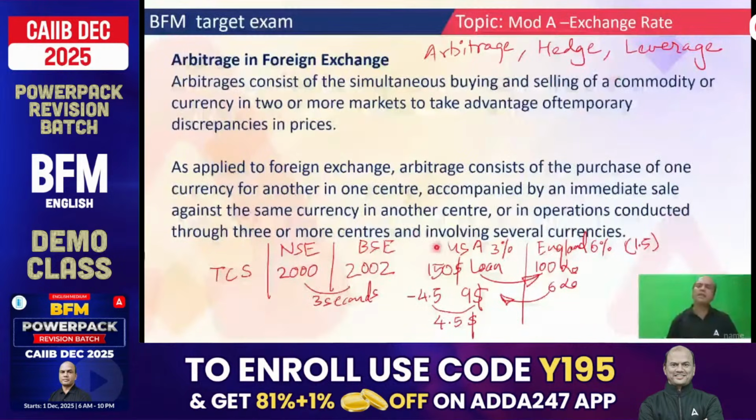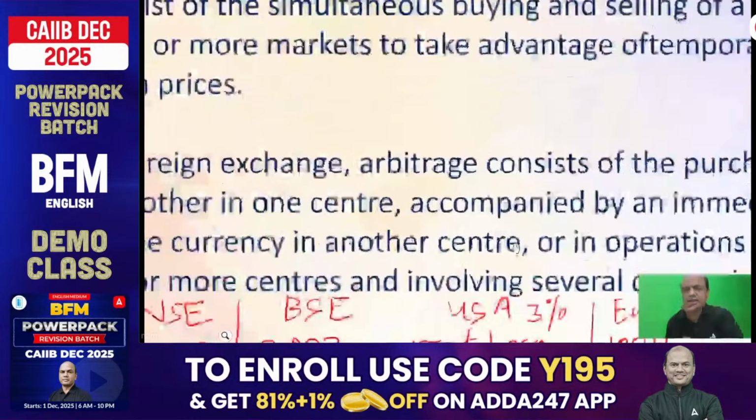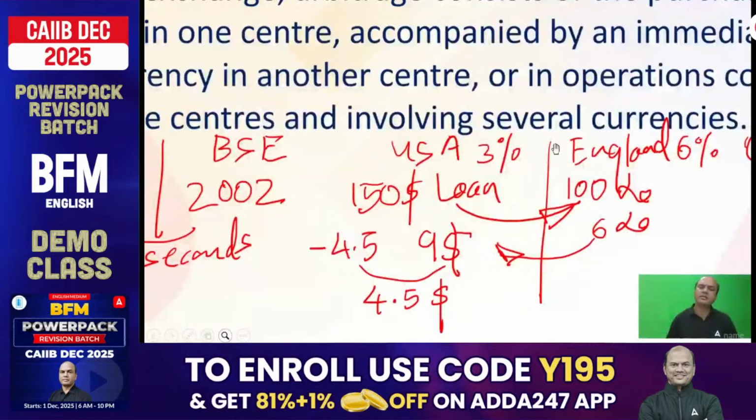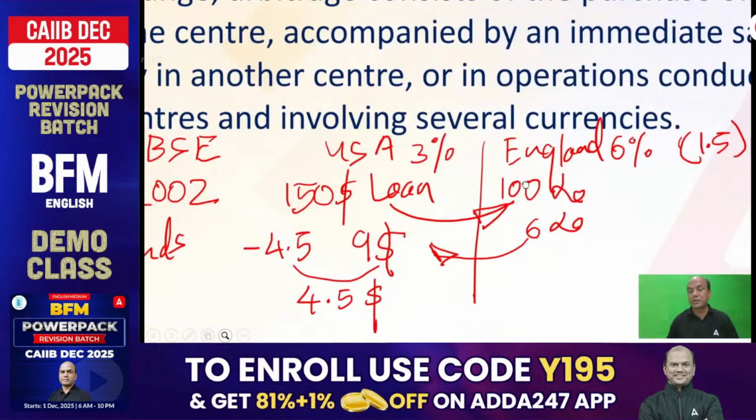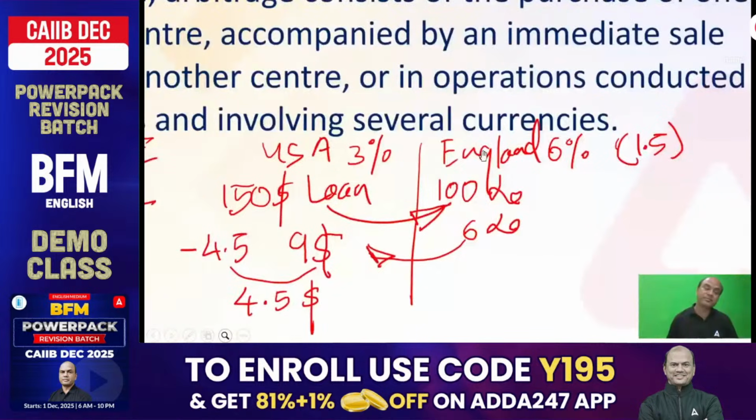Okay, I'll give you an example of arbitrage. See, there are two countries, let's say USA and England. Now what happens? In USA the interest rates are 3% and in England the interest rates are 6%. This numerical has come in the exam.